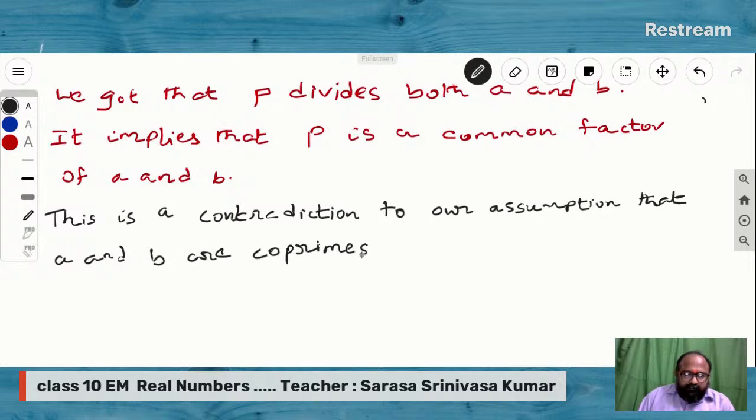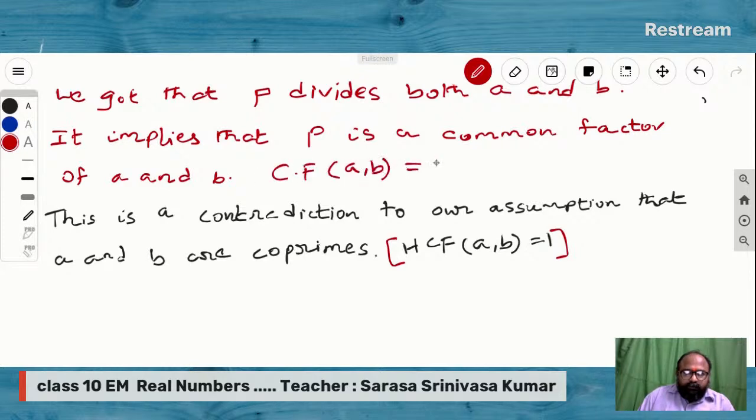So co-primes means the highest common factor of A and B equal to 1. So we got here common factor of A and B equal to P. So this is a contradiction to our assumption that A and B are co-primes.